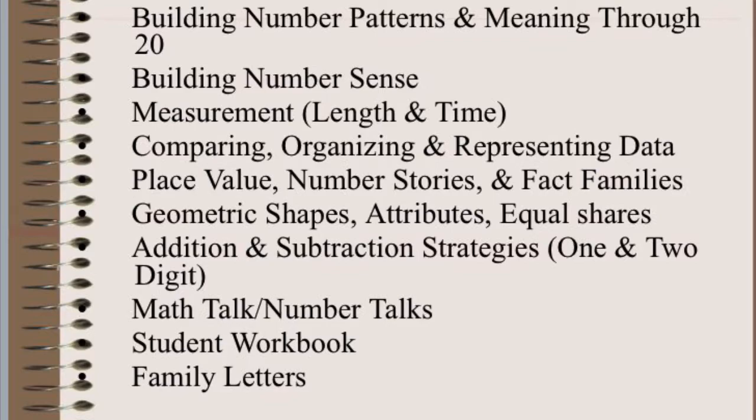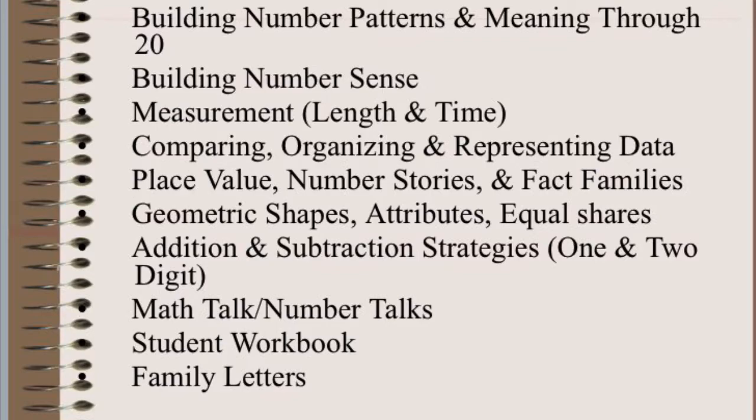Another thing we work on is equal shares, and that is getting us ready for fractions in the upper grades. So they learn that each part is the same size in order to have equal shares. And we talk about 1/2 and 1/4.